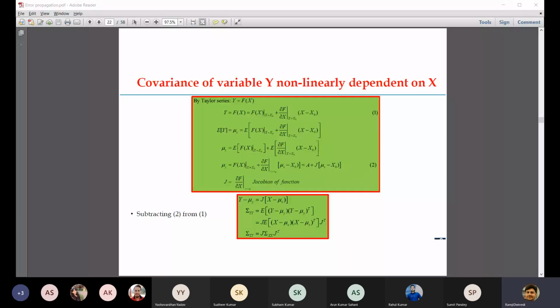So anyone with the answer? Sir, expectation of z equal to 2 mu x plus 1. Sorry, say again.